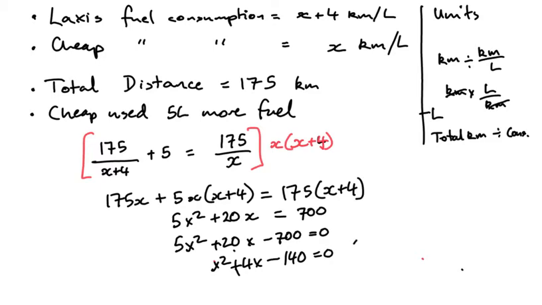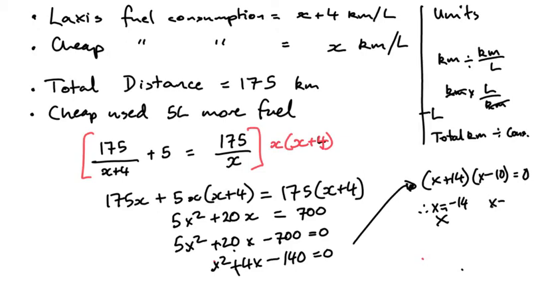A little bit of factorising here, and I'm going to have x plus 14, x minus 10 equals 0. Obviously x equals negative 14 is not going to be a valid solution for our domain. We need a positive value. And the other one we can get is x equals 10. So that would make the fuel consumption of the cheap 10 kilometres per litre.